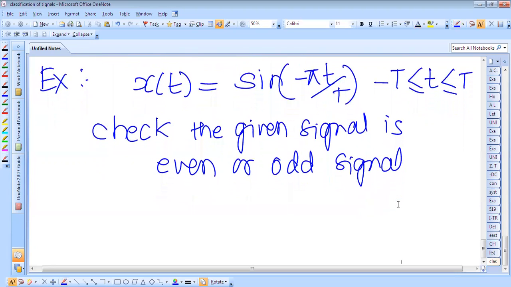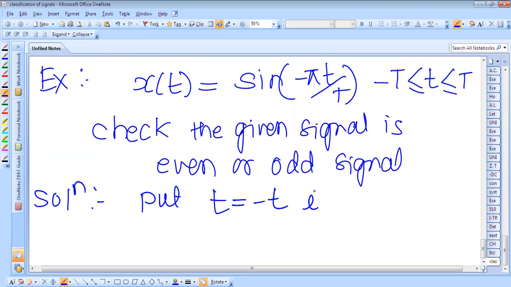How can you check this? Solution is we put t is equal to minus t in x of t.